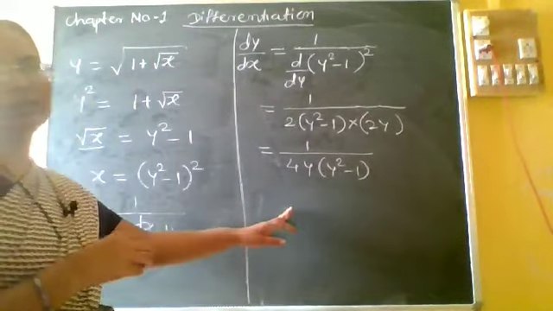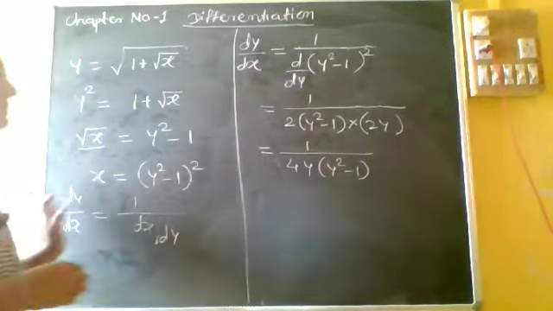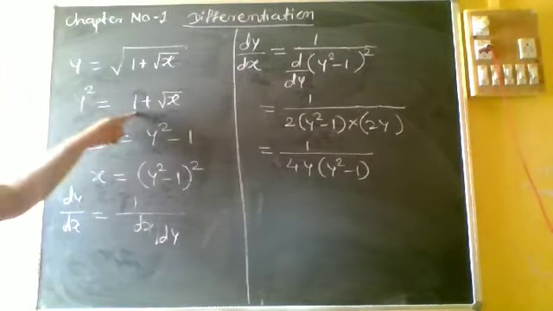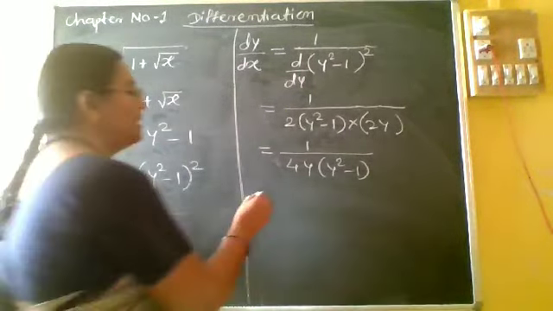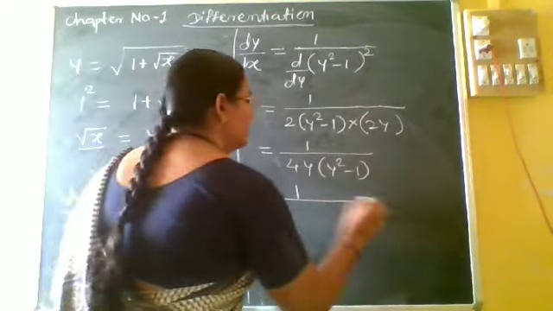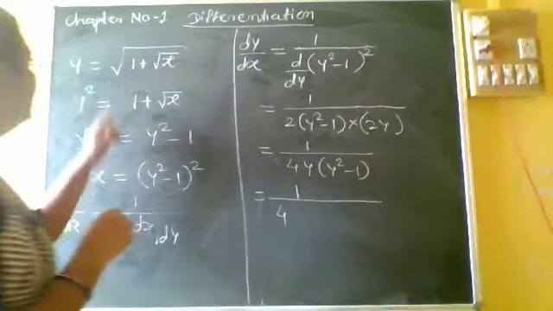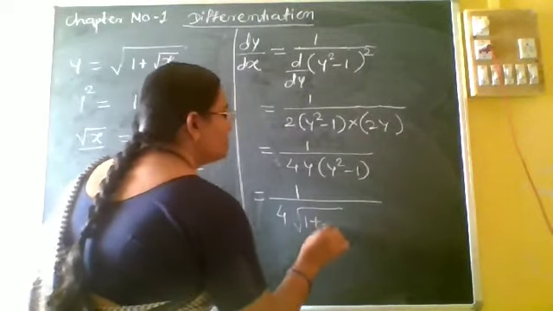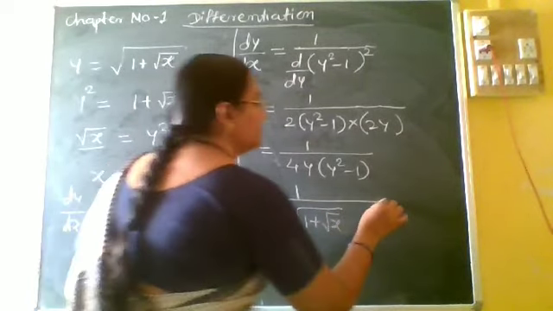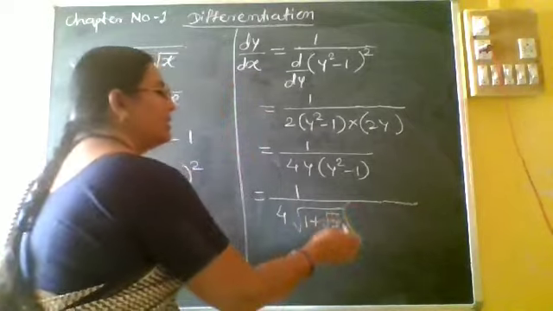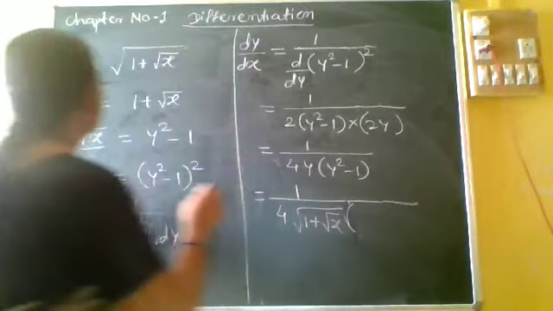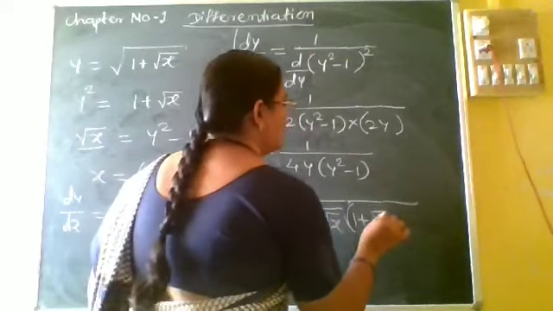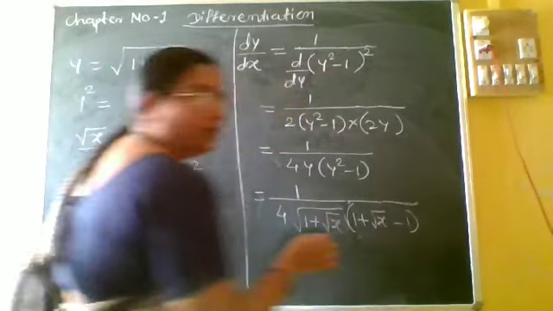Putting the values of y. What is y square and what is y? Putting the values of this, we get 1 upon 4y, where y is under root of 1 plus root of x, and y square means 1 plus root of x, then 1 plus root of x minus 1.